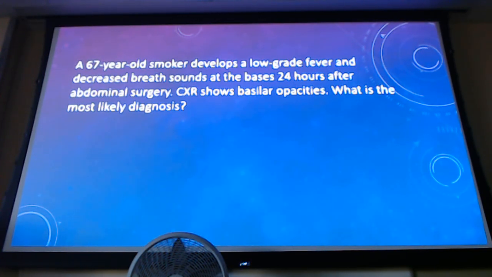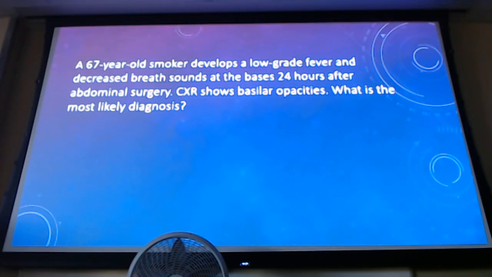Alright. 67-year-old smoker develops a low-grade fever and decreased breath sounds at the bases 24 hours after abdominal surgery. Chest x-ray shows basilar opacity, so what's the most likely diagnosis? What do you think? What's going on in this patient? So they're post-op. Okay, they have a low-grade fever. They have abdominal surgery.